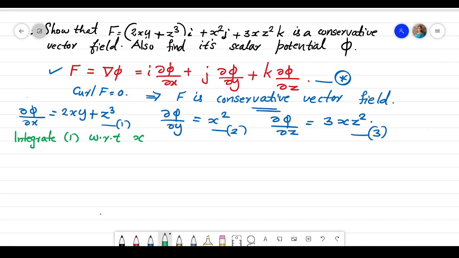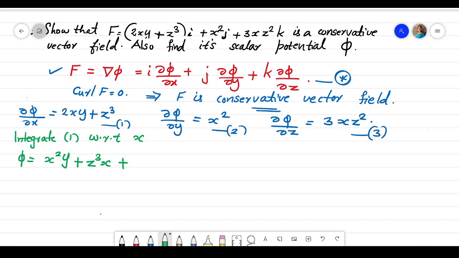So what is our phi now? Phi is equal to, here we are integrating with respect to x. So 2 into x square by 2 into y, that means x square y, plus here integral z cube, that means z cube into x, plus the constant of integration.